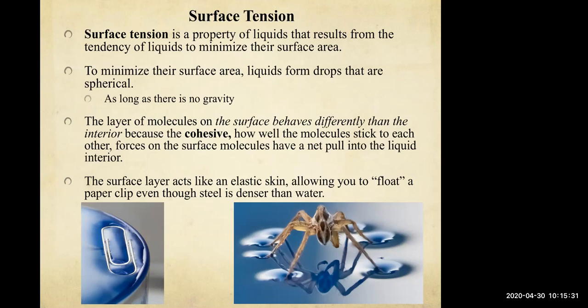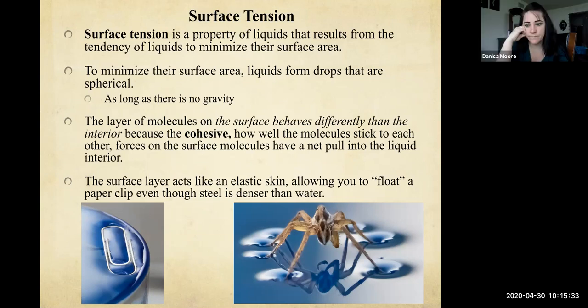That formation of a sphere happens because the molecules at the surface of the water behave differently than the ones in the interior, and that's because of these cohesive forces. The molecules stick together in the center and actually pull on the molecules at the surface, because the surface molecules don't have any other molecules interacting with them on that top layer, right?